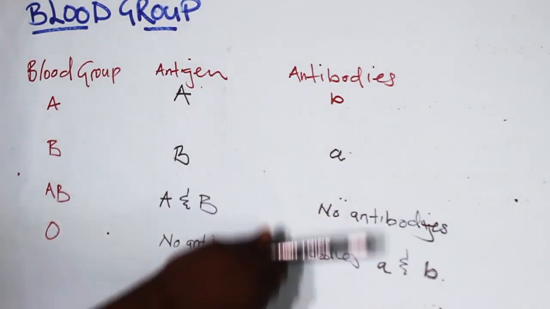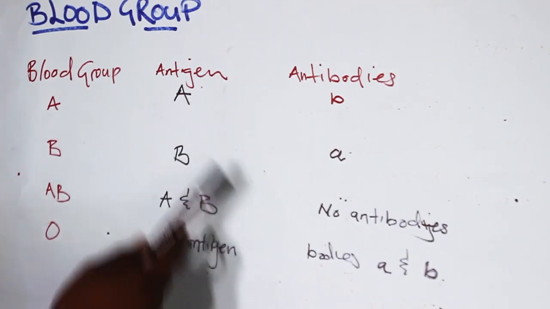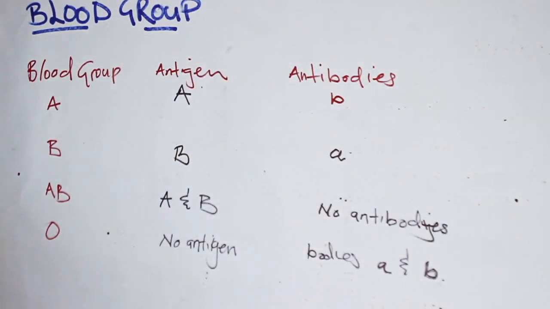So these are the things that will make you donate blood to a certain person, and your blood be rejected, or you being the recipient, you reject certain blood tissues from certain individuals because of differences in these two substances that I've said.